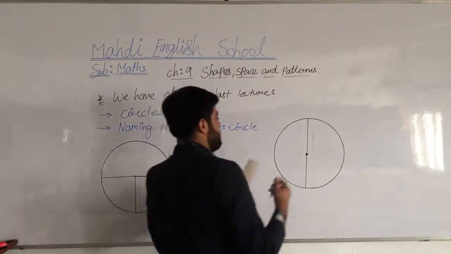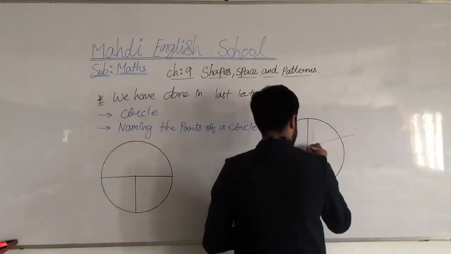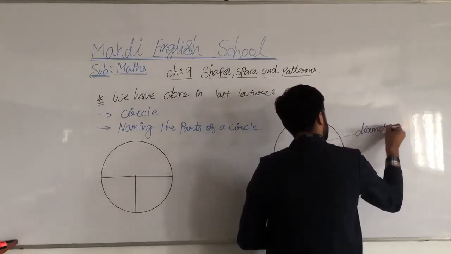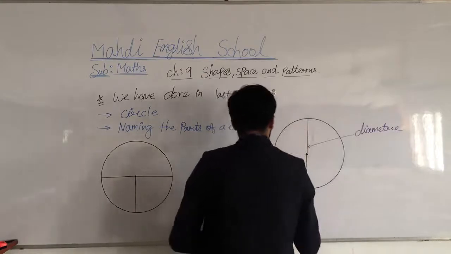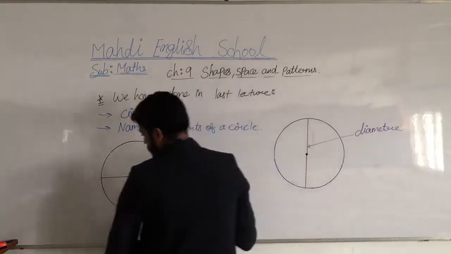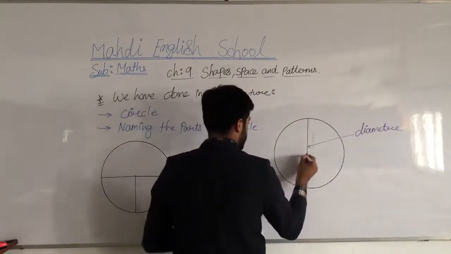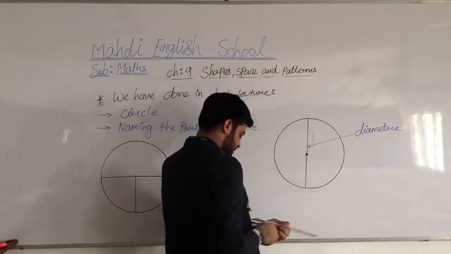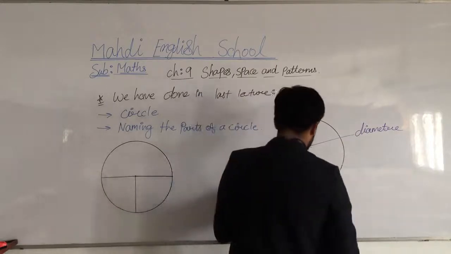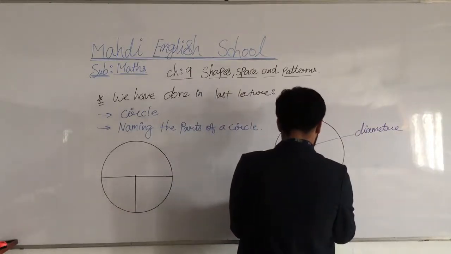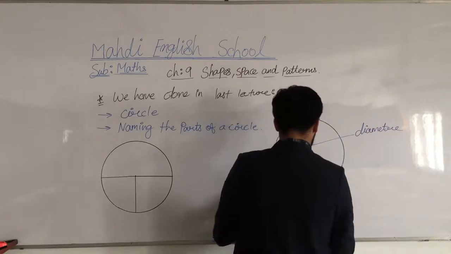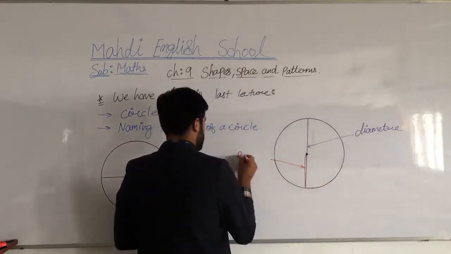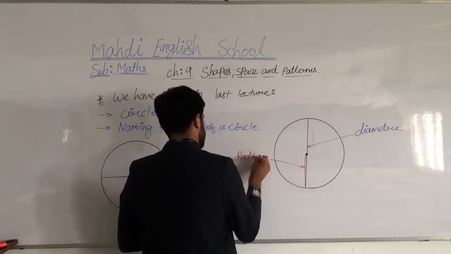So it's the diameter. And the radius. Okay, it's the radius. Here, in this red part, it's the radius. The red part we call a radius.